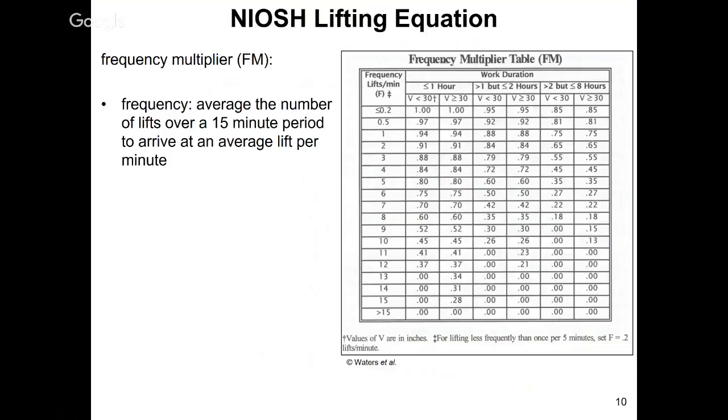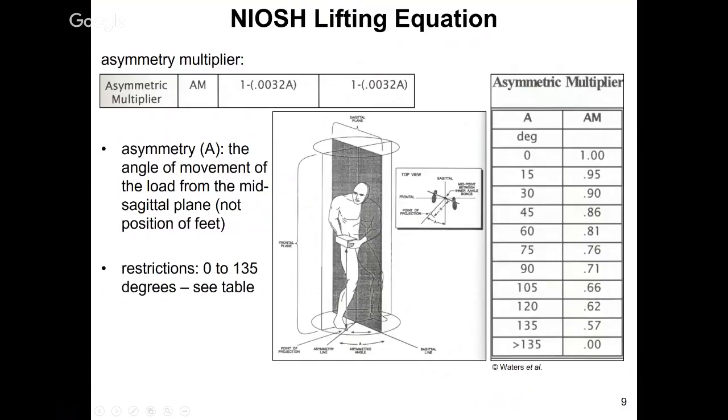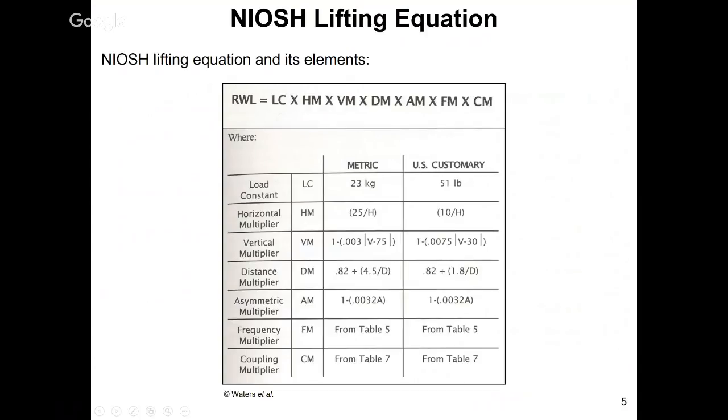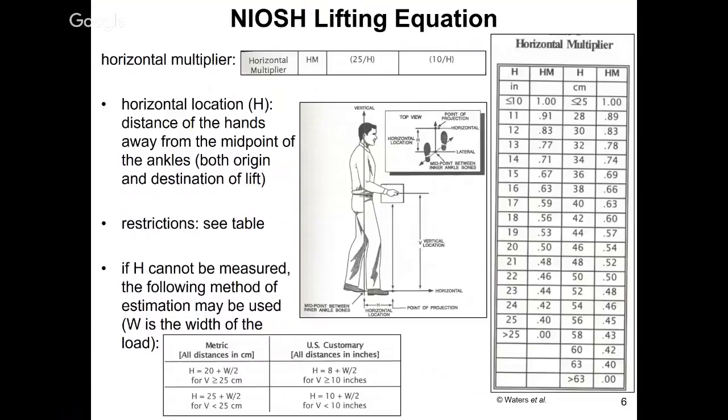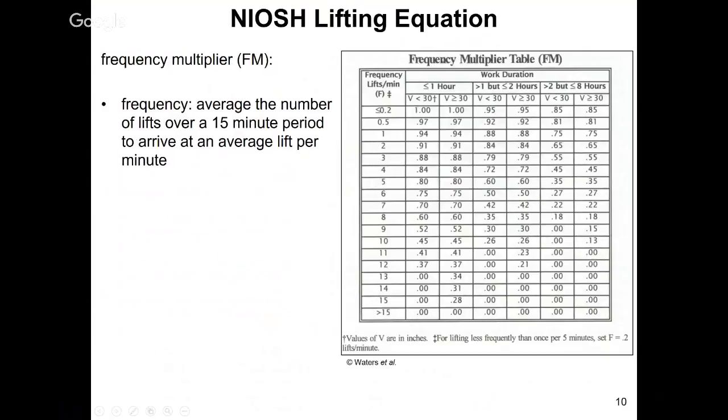You can imagine if you're unloading a pallet, sometimes they get pretty high on the frequency of lifts, and you can see down here that there's lots of zeros. If you put a 0 as your frequency multiplier into that larger equation, you're going to get 0. So that can have a large effect on what you get for your recommended weight limit.